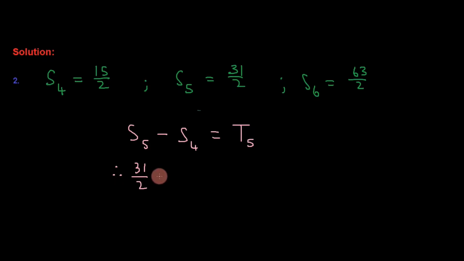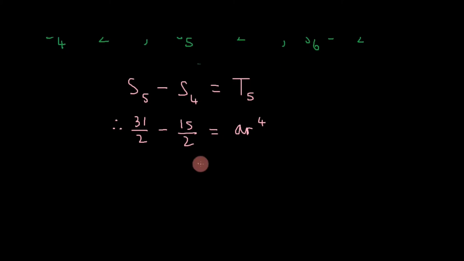So 31 over 2 minus 15 over 2 must give us T5, which is ar to the 4. So 31 over 2 less 15 over 2 is of course 16 over 2, which is 8. So ar to the 4 equals 8. And we're going to call this equation 1.